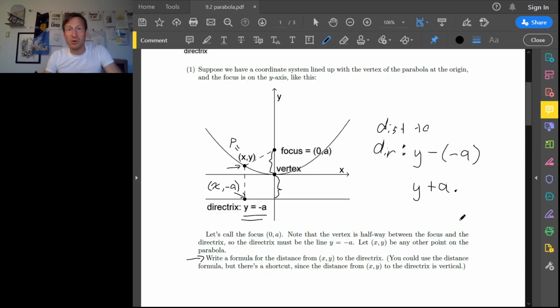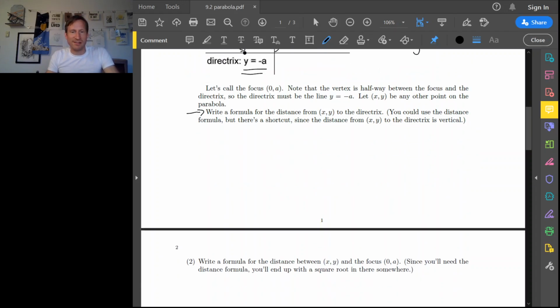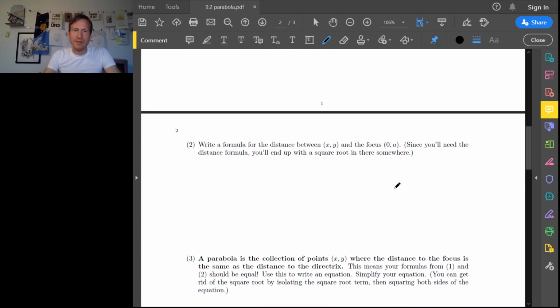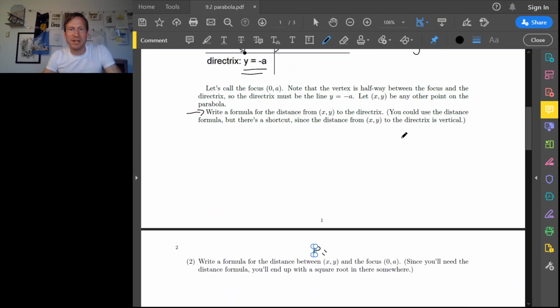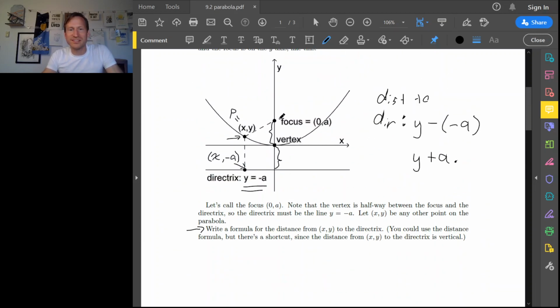Okay, pause the video and work on the next problem. Okay, let's look at the next problem. Find a formula for the distance between our point P, which is (x, y), and the focus. Now, if we look back at our diagram here, the focus is not guaranteed to have any nice position relative to our point P. It might be a little higher, it might be a little lower.